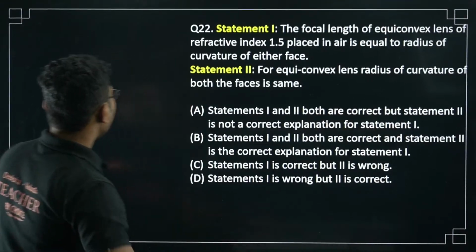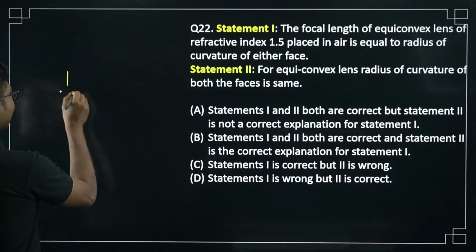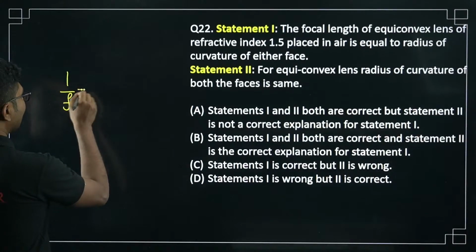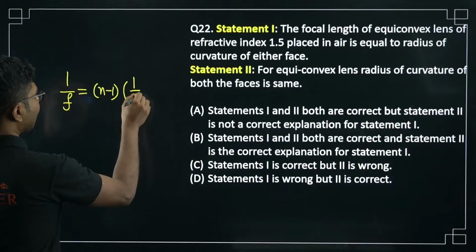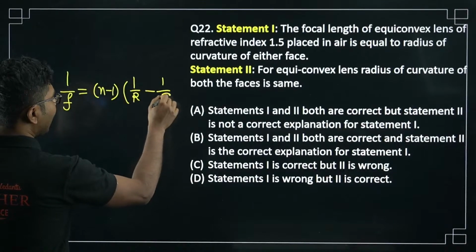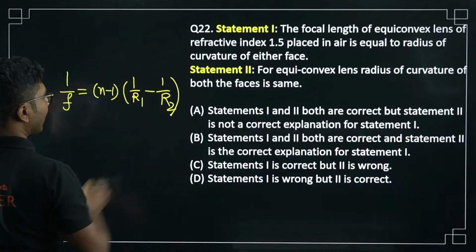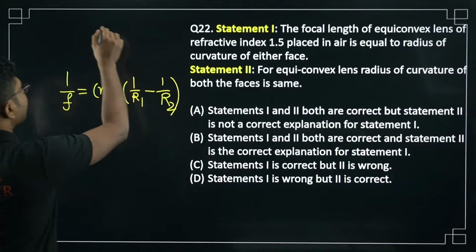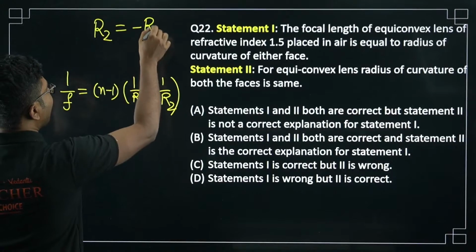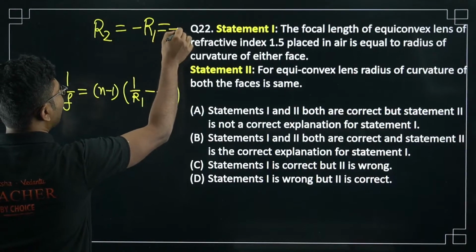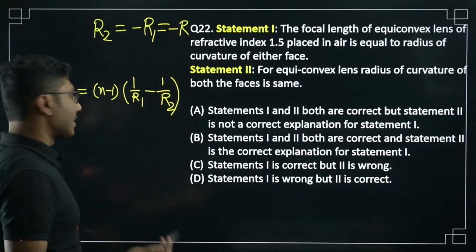So let's see. We know that focal length is given by 1 by f equals (n minus 1) into (1 by r1 minus 1 by r2). Now equiconvex lens means r2 is basically minus r1, and say that value is r.